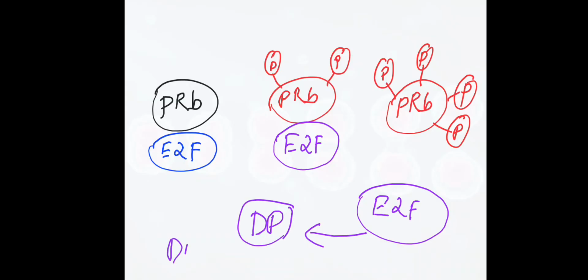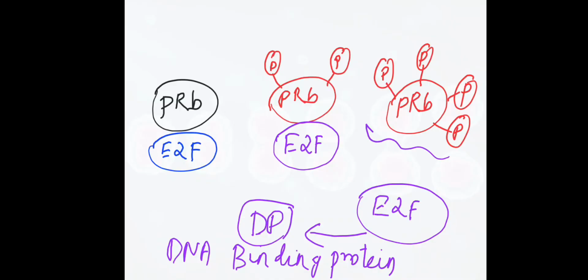DP is DNA binding protein. So this hyperphosphorylated PRB will allow E2F to heterodimerize with factor DP.